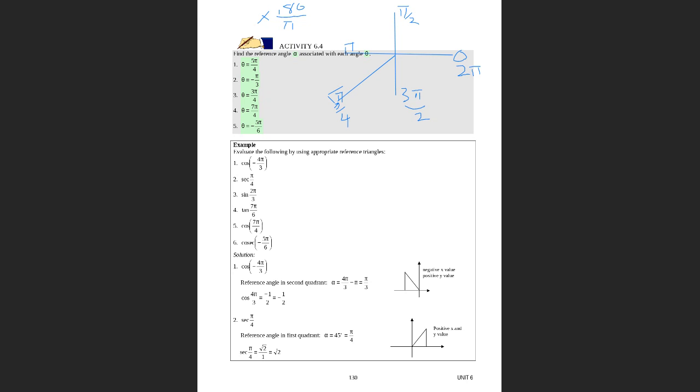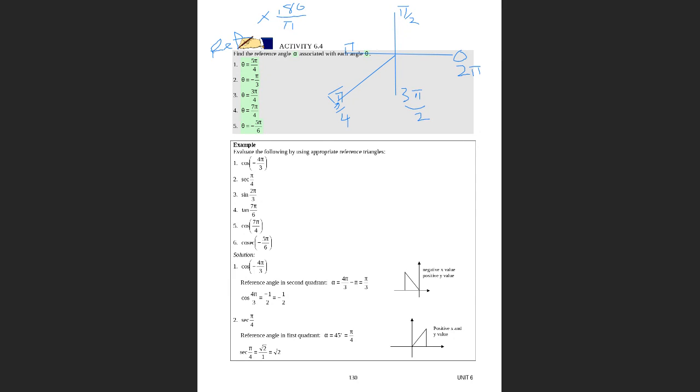Okay, good. To find the reference angle, the reference angle will be this 5 pi over 4 minus the closest x-axis angle, which is pi.